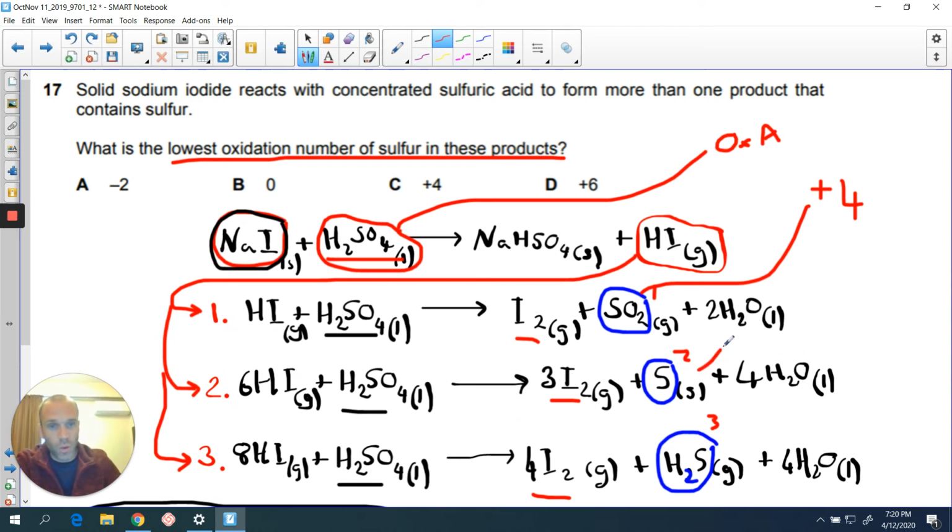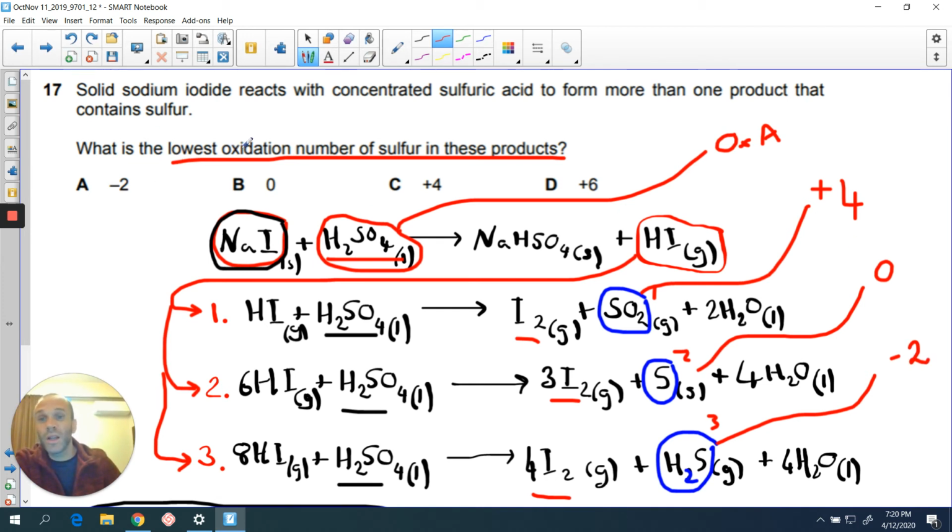In this second equation, our sulfur is going to have an oxidation state of 0 because it's in its elemental form. And in this third one, you're getting hydrogen sulfide being produced, and hydrogen being +1 means that the sulfur here is going to be -2.